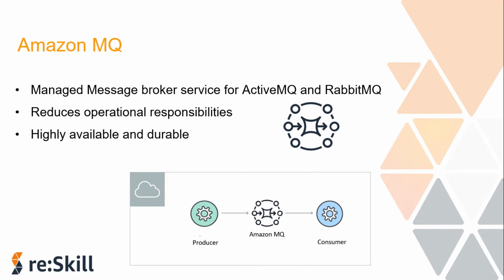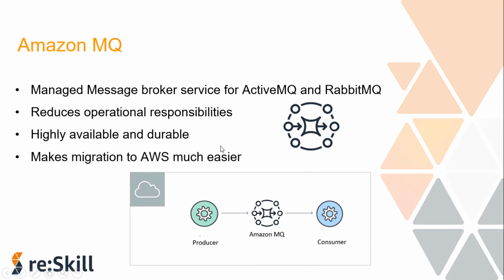Amazon MQ automatically manages tasks such as software upgrades, security updates, failure detection and also recovery. It stores messages redundantly across multiple AZs within an AWS region and will continue to be available even if a component or even an availability zone fails.